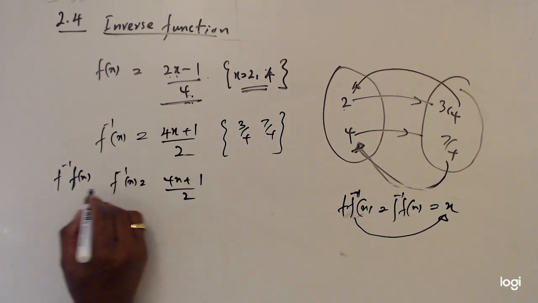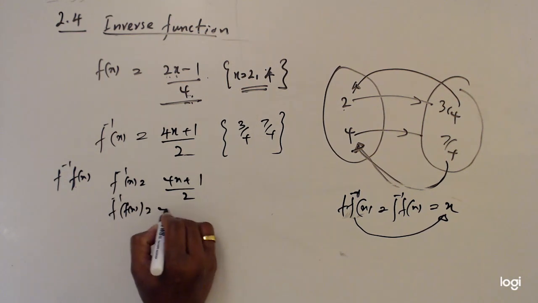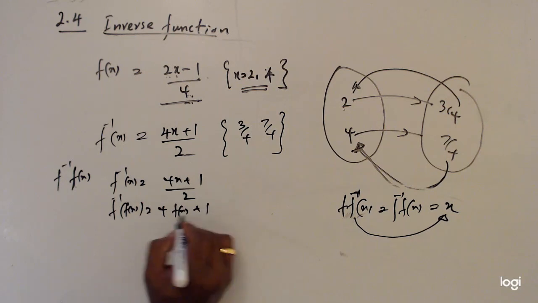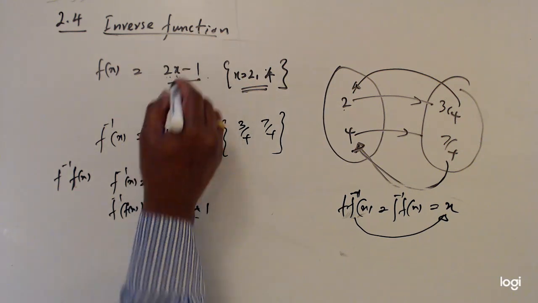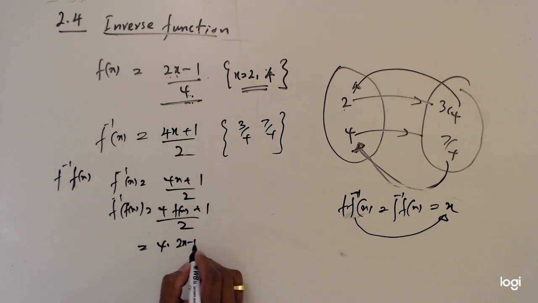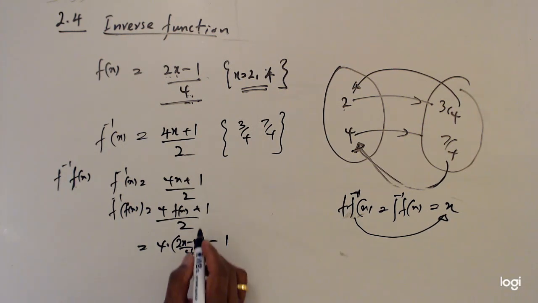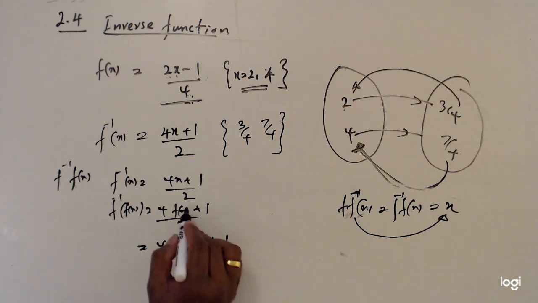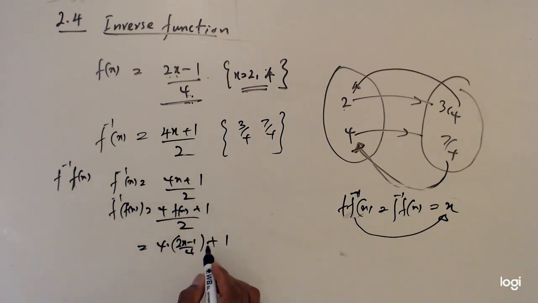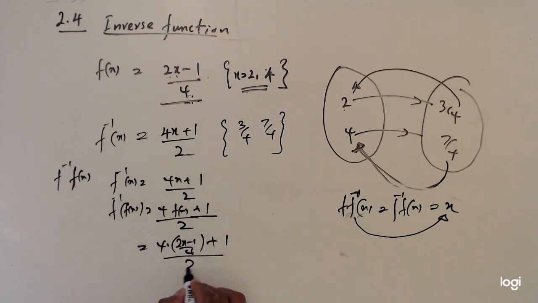Then I substitute f x into this one: 4 times f x plus 1 over 2. 4 times f x means 2x minus 1 over 4, times 4, plus 1, and over 2.